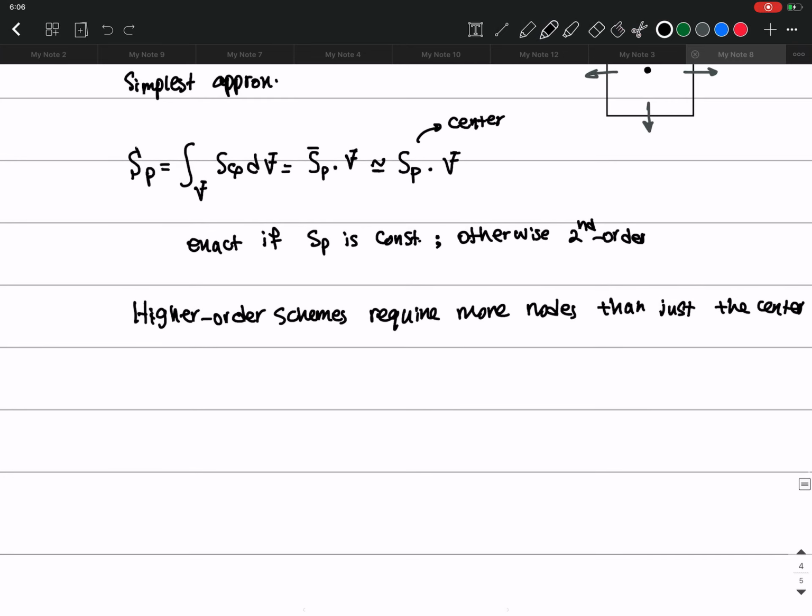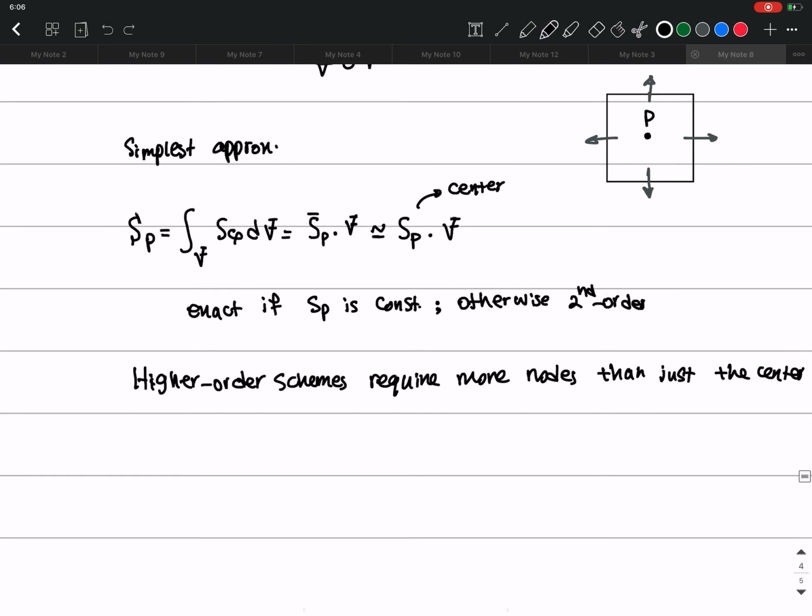For example, for Cartesian, if you have a Cartesian coordinate, then I can fit a function S(x,y). I can fit a polynomial to this as follows.